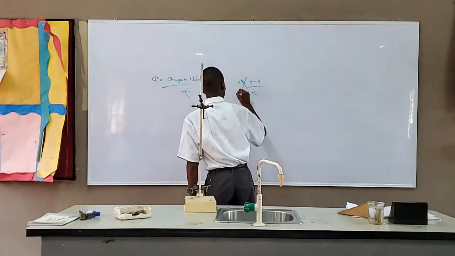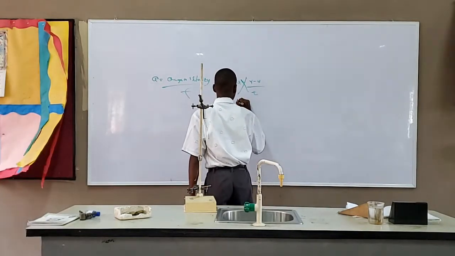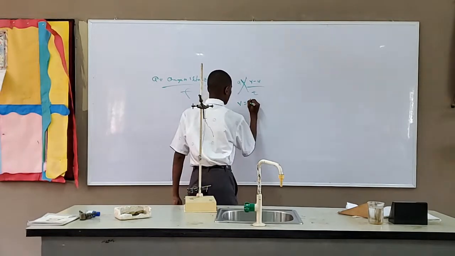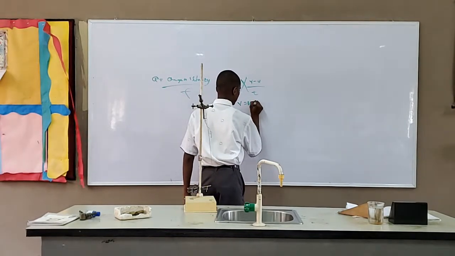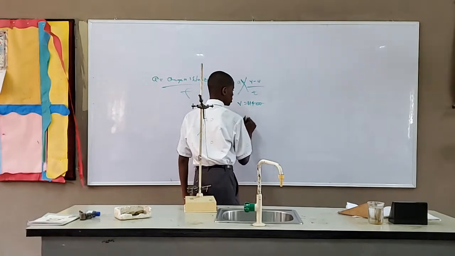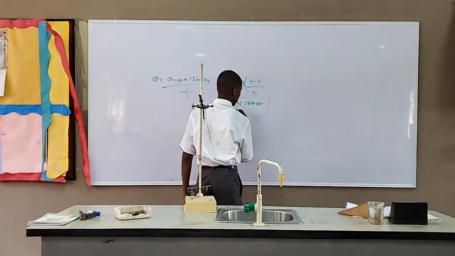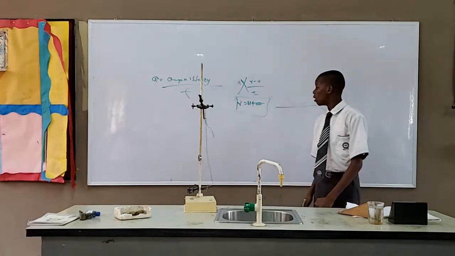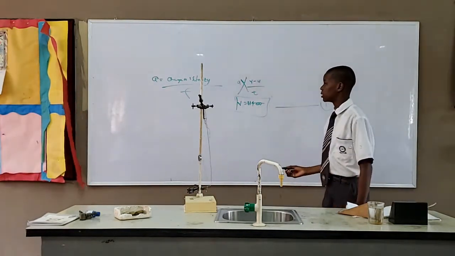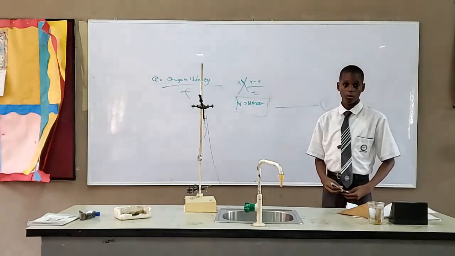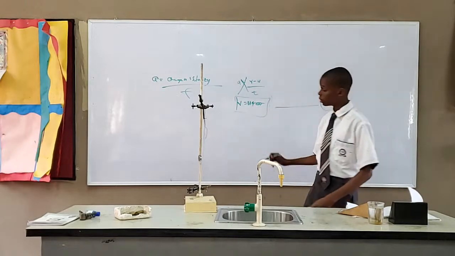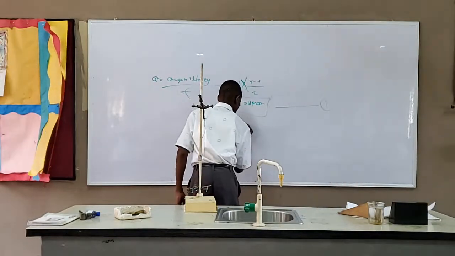Then you cross multiply and it will give you v equals u plus at. And then the second law of motion is distance.